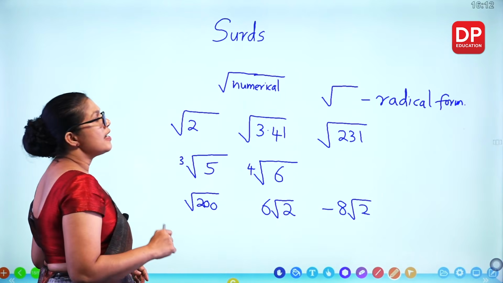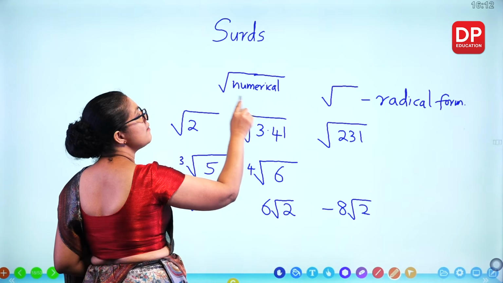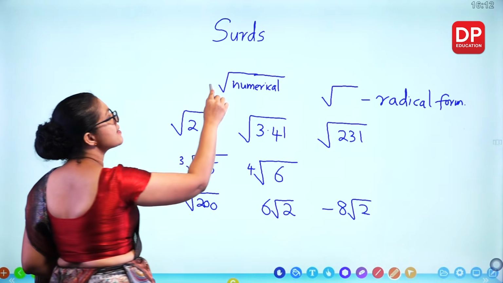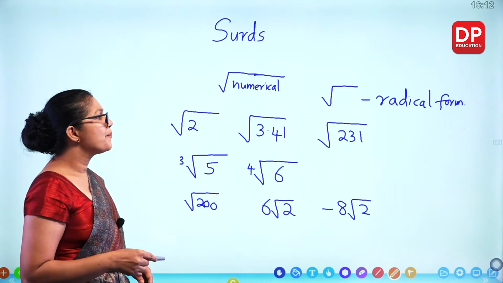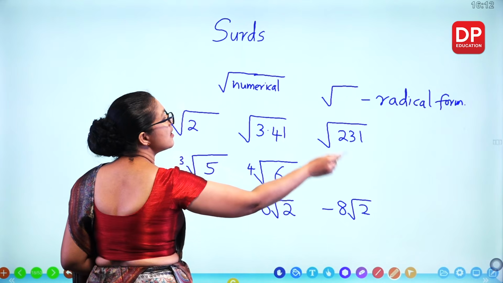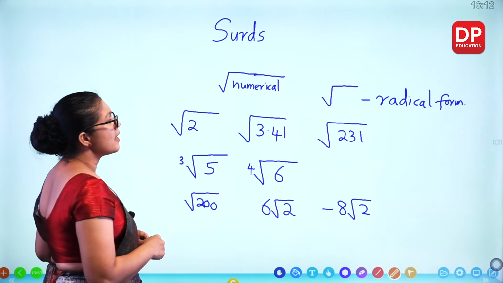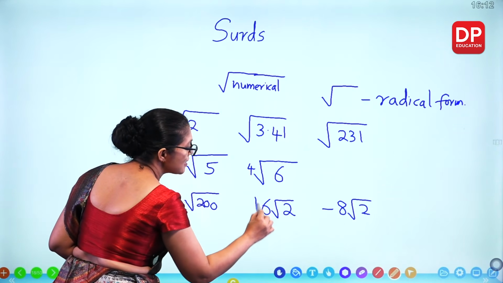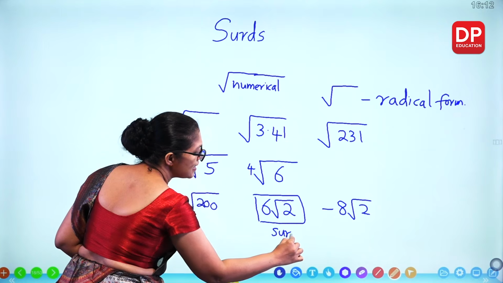So here, if we can write down any numerical value, it can be decimal or whole number, inside the radical form, we call those surds. So all these types of numbers are surds. If we can write like this, we call that a normal surd.